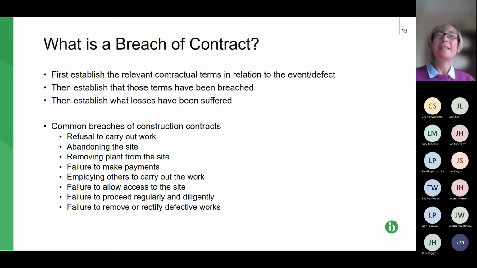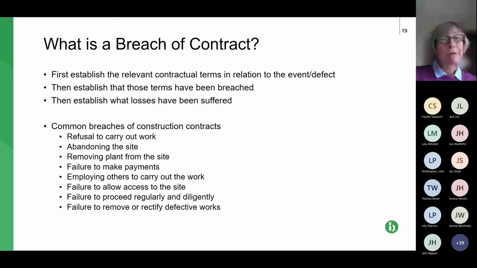The other point is to bear in mind, as contractors and subcontractors, you all have lots of obligations under your contracts. The reason construction contracts are such lengthy documents is because predominantly they're all obligations that the contractor or subcontractor has to carry out.